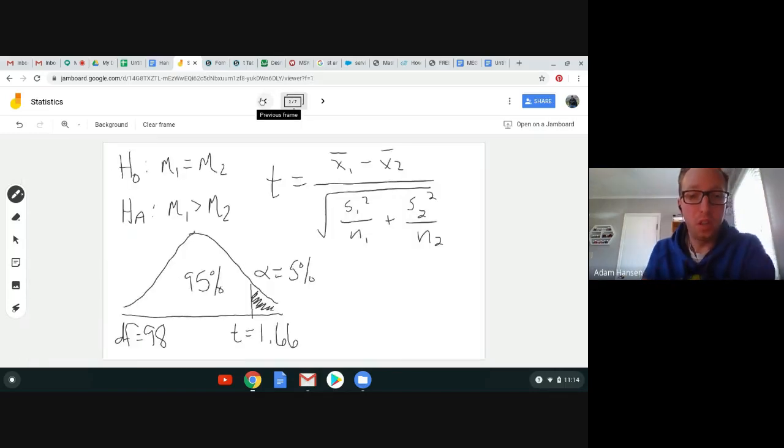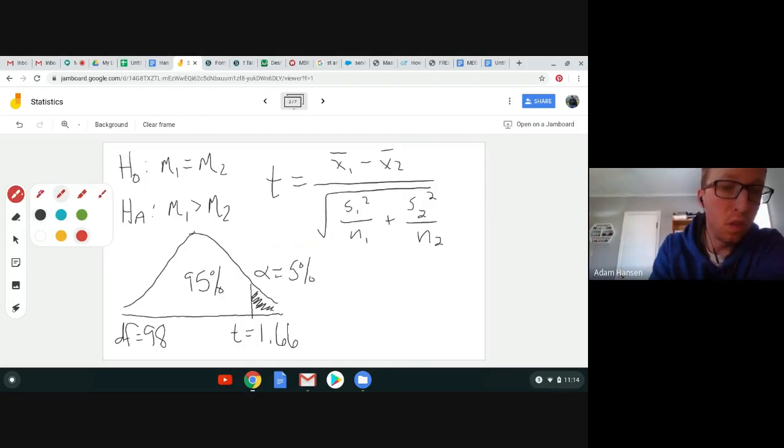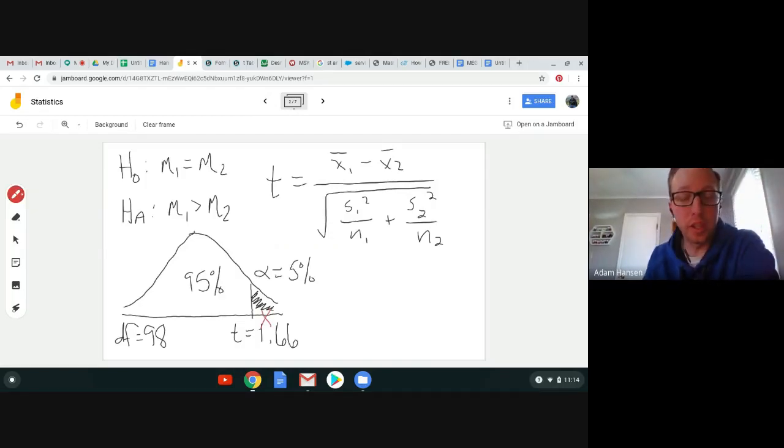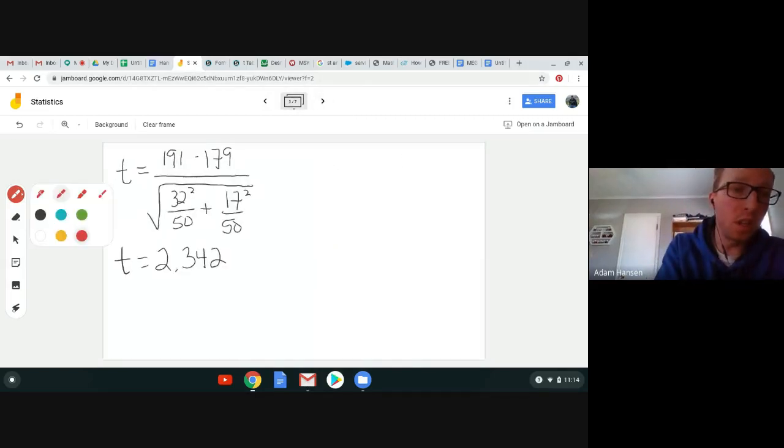So what should our decision be? Well, 2.342 lies in that shaded region. It's further to the right, greater than 1.66. So we have more extreme results than the cutoff region that we already got set up.